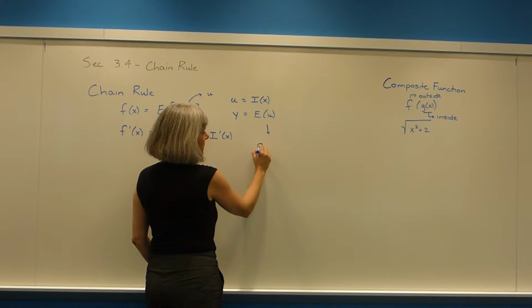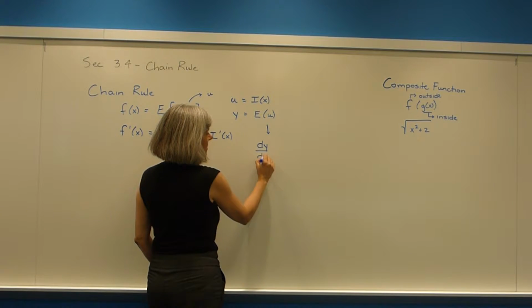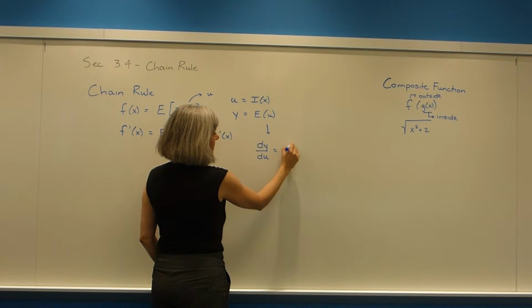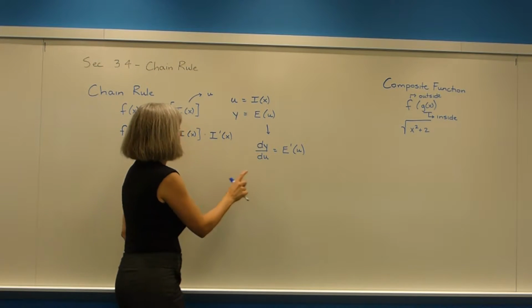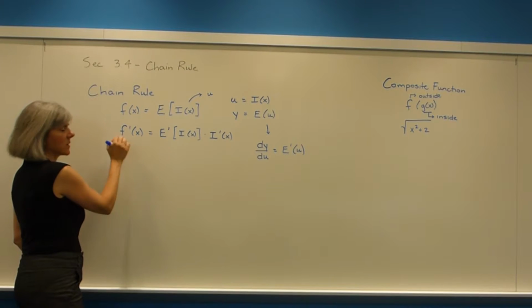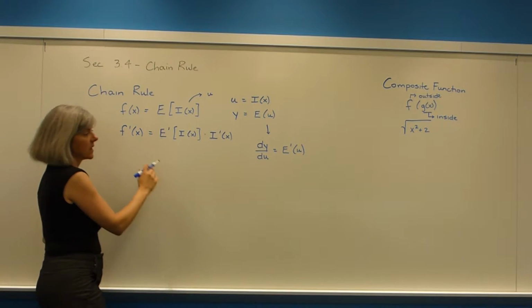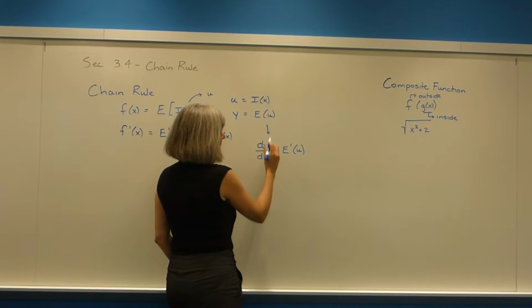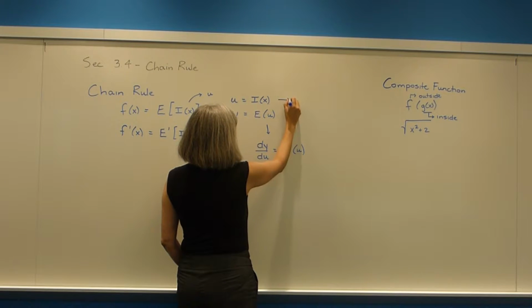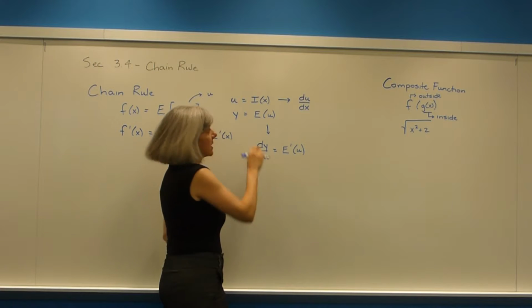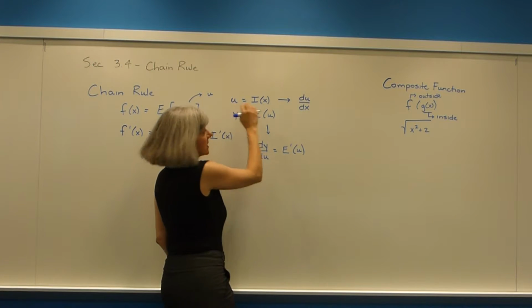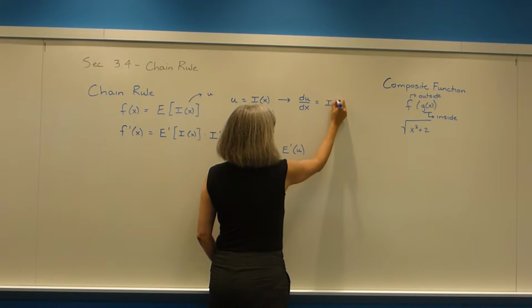So if I take the derivative, I would be looking at dy du. Right? But I'm not looking for dy du, I'm looking for with respect to x. So I could find a du dx. I could take the derivative of this one with respect to x, and that would just be phi prime.